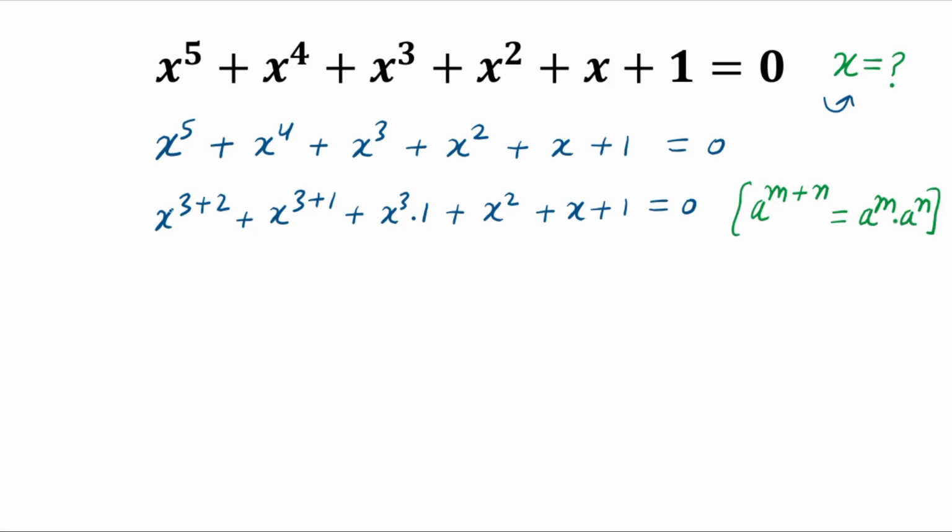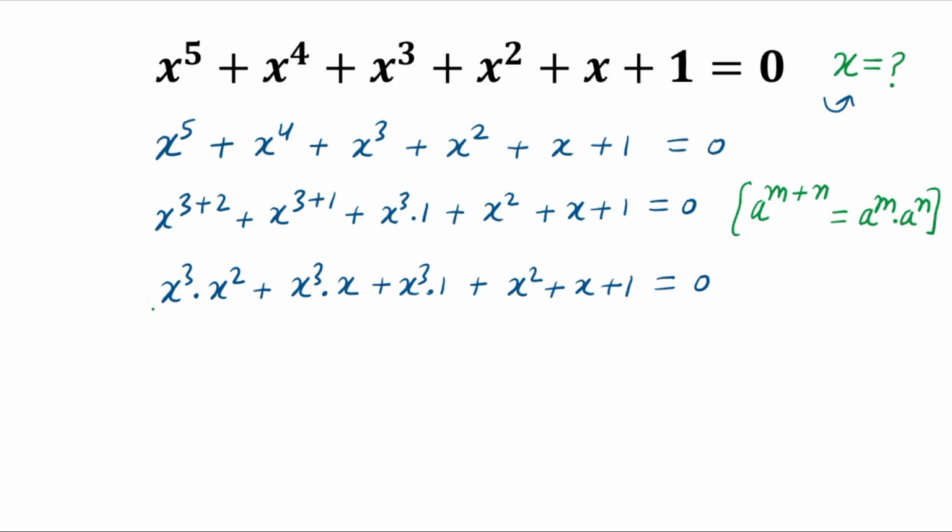So this expression is x power 3 times x power 2, plus, similarly this x behaves like a, this is m, and this is n. So we can write this expression as x power 3 times x, and here x power 3 times 1, plus x square plus x plus 1 is equals to 0.